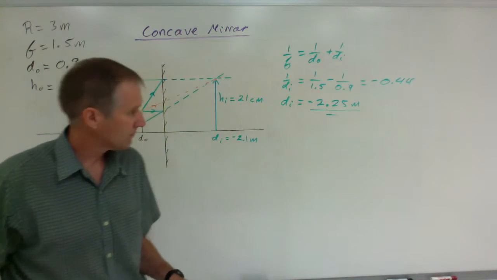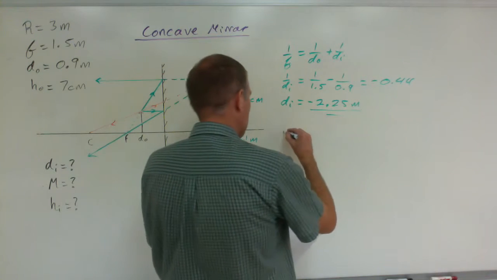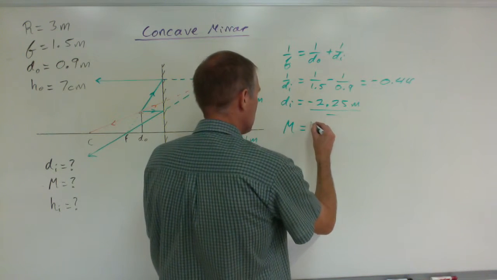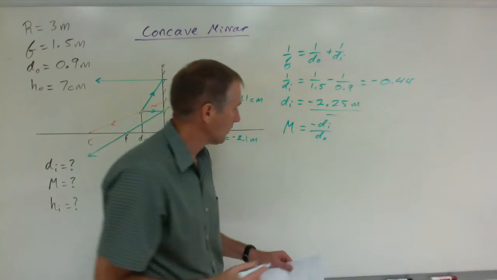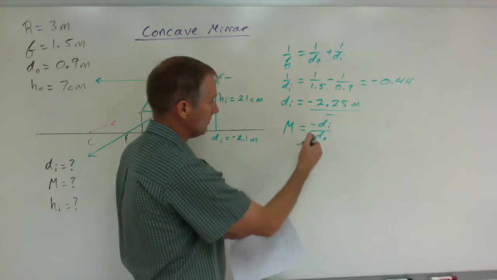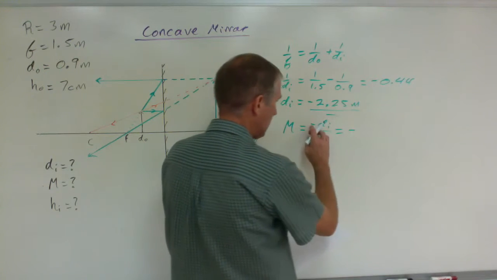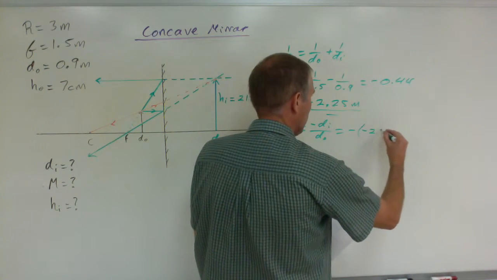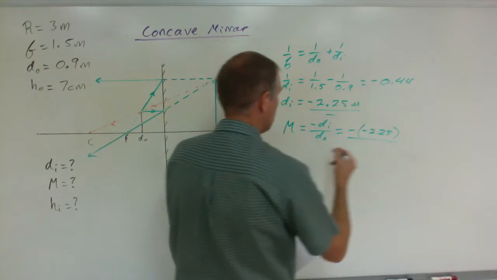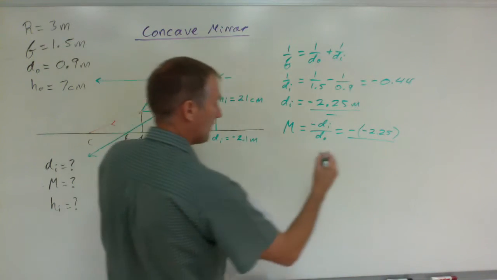All right. To calculate the magnification, remember that the equation is negative DI over DO. The negative sign is part of the equation. We have two negatives. So we have negative, and then the value for DI is negative 2.25, all over DO, which I said was 0.9.